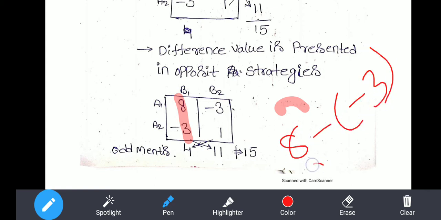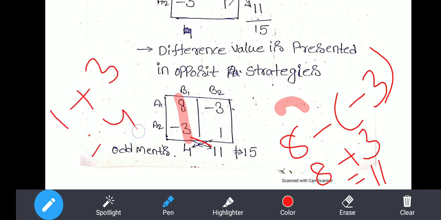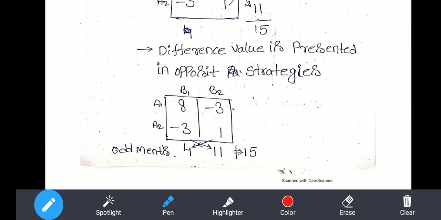That means 8 plus 3 indicates 11. That 11 can be represented in the opposite position. 1 plus 3 equal to 4 can be represented in the opposite position. So the sum of these two will be equal to 15. So this will be the oddments calculation.